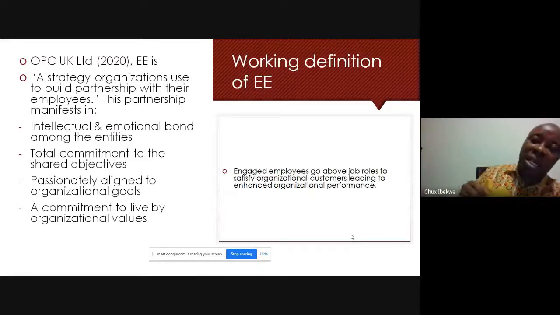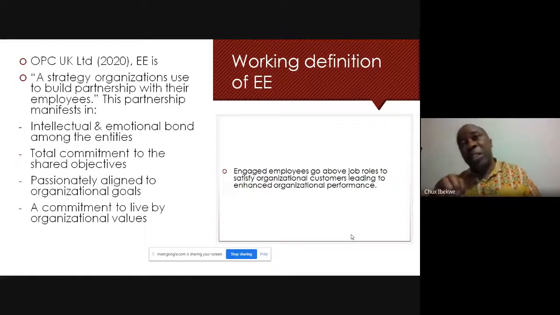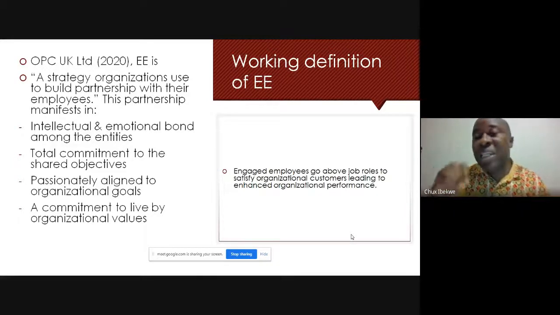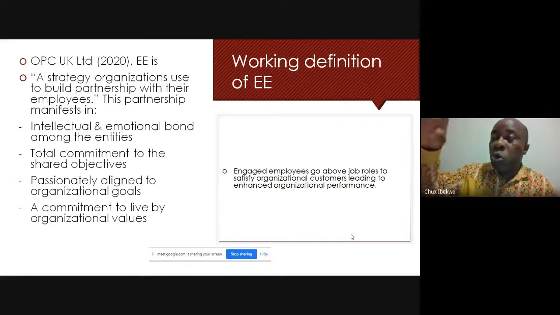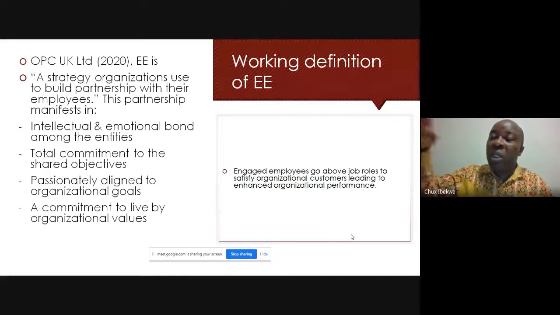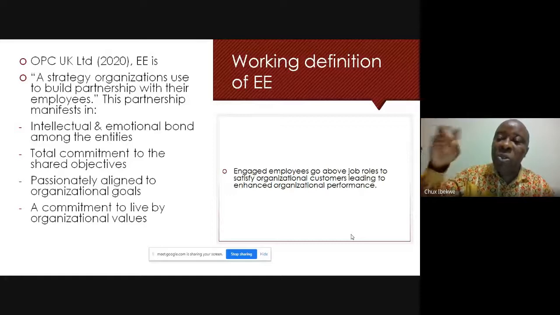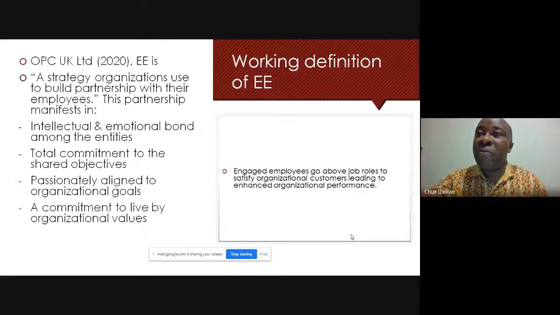And I hope you understand that if in the various areas or industries you're coming from, you know that many companies have laid off millions of workers around the world today. But if there is total commitment, and everybody is aligned to the goals of the organization, then we are going to see how we can use this to ensure that not only do we retain our workforce, but also that that workforce helps us to navigate through this difficult period.